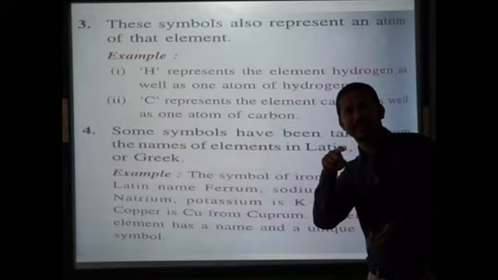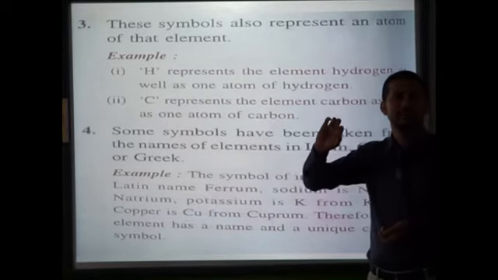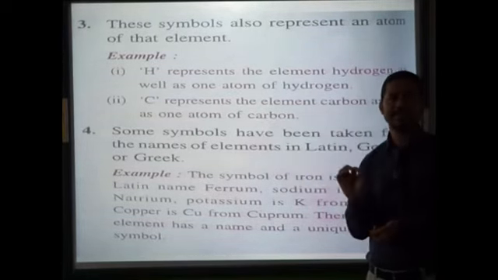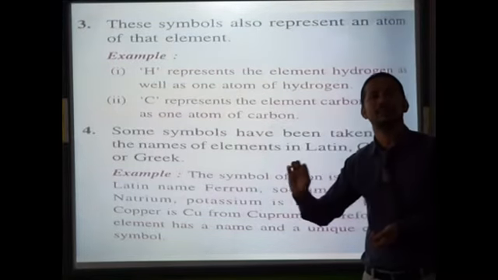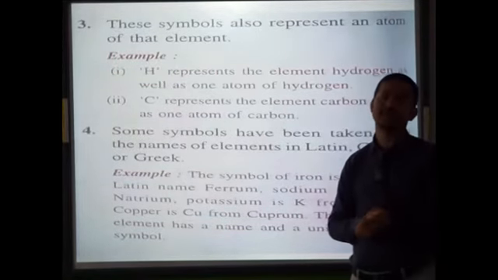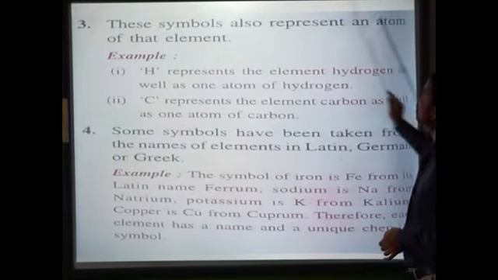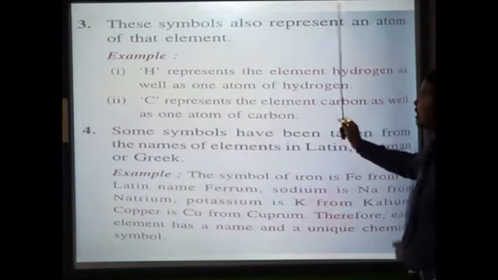If I write capital C, that means the element carbon, and it signifies one atom of that element. So a symbol represents an atom of that element.